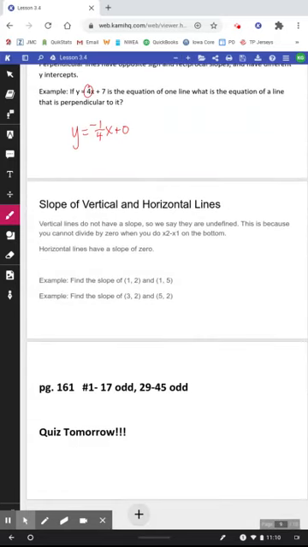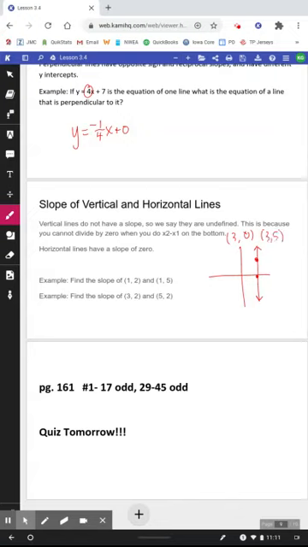We're back to talking about horizontal and vertical lines. Vertical lines do not have a slope, so we say they are undefined. The reason is, if I have this vertical line here, and we'll say this point is at 0 and this one's at 5, so we'll call it (3, 0) and (3, 5).